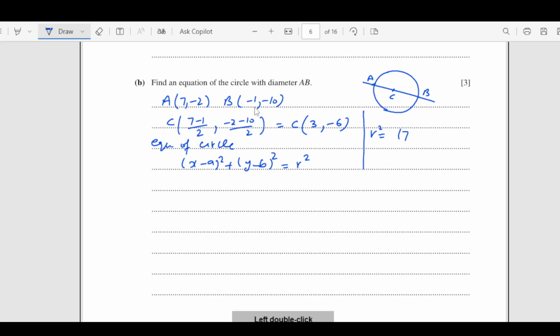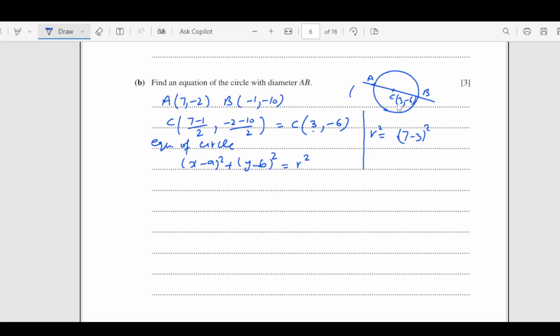Here we have to take the coordinates of the center C, which is 3 and -6. Let me write here, then it will be easier.